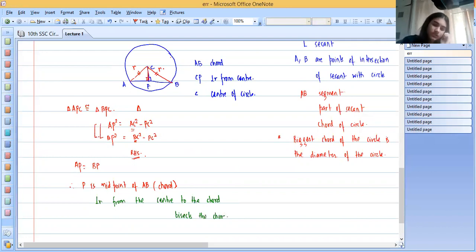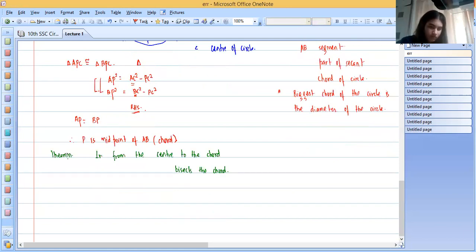In other words, if this is a theorem, then how does the converse of this theorem look like? Converse of this theorem, how will it look like?